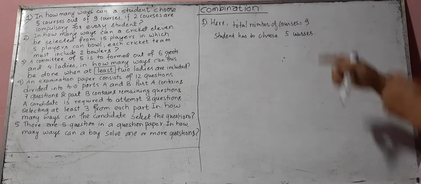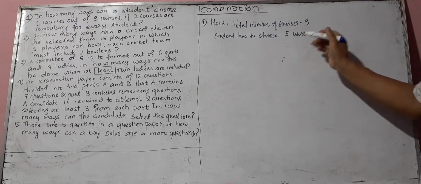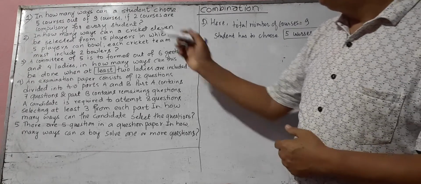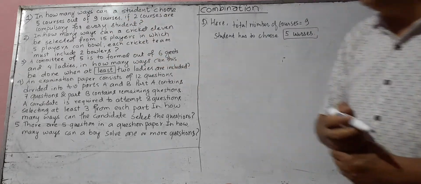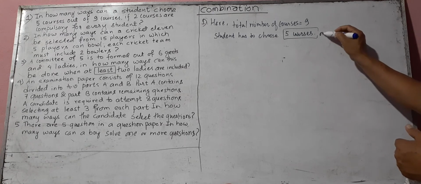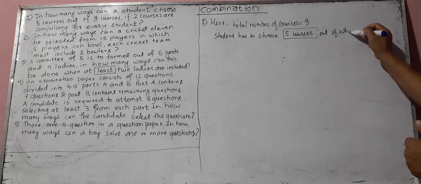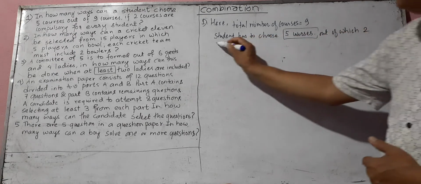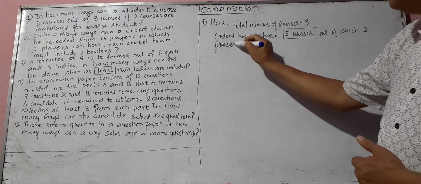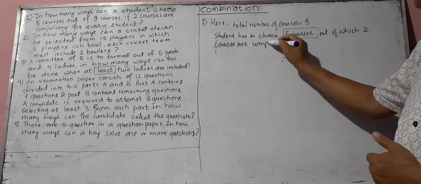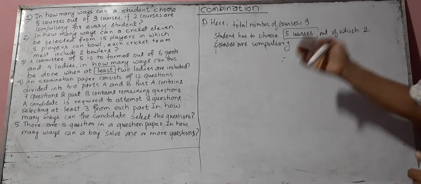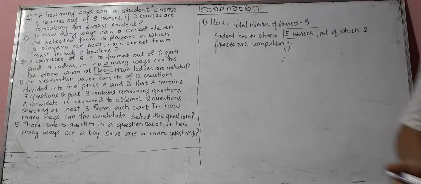And provided that 2 courses are compulsory, that means out of the 5, 2 courses are compulsory. This is just information taken from the question.